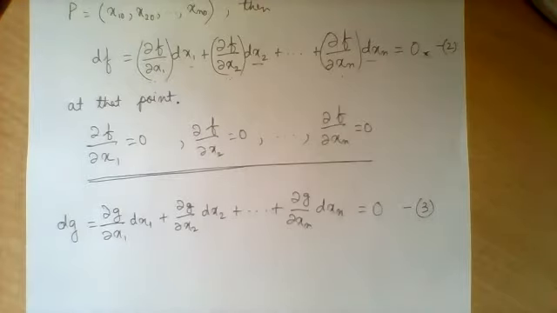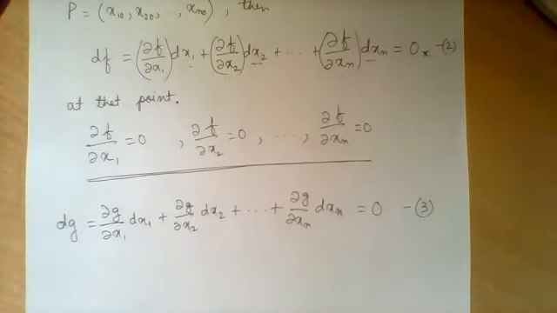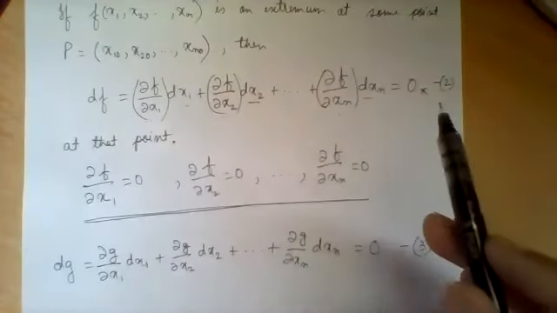In the method of Lagrange multipliers, we multiply the total differential of g by a parameter lambda, and we subtract that result from equation number 2.